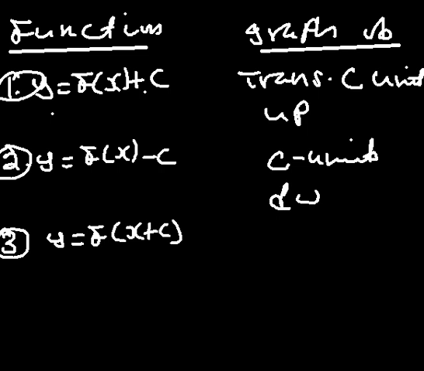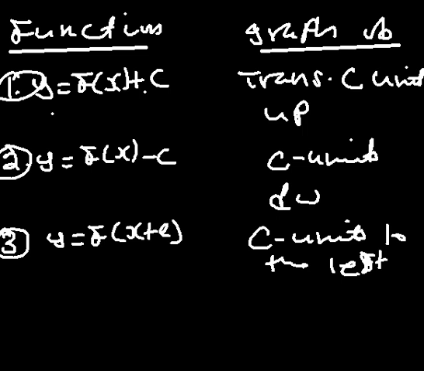So if c is positive, the graph has to be translated to the left, that is to the negative direction, unlike the earlier case where c is positive and the graph is translated in the positive direction of the y-axis. Likewise, case number 4: y is given as f of x minus c.